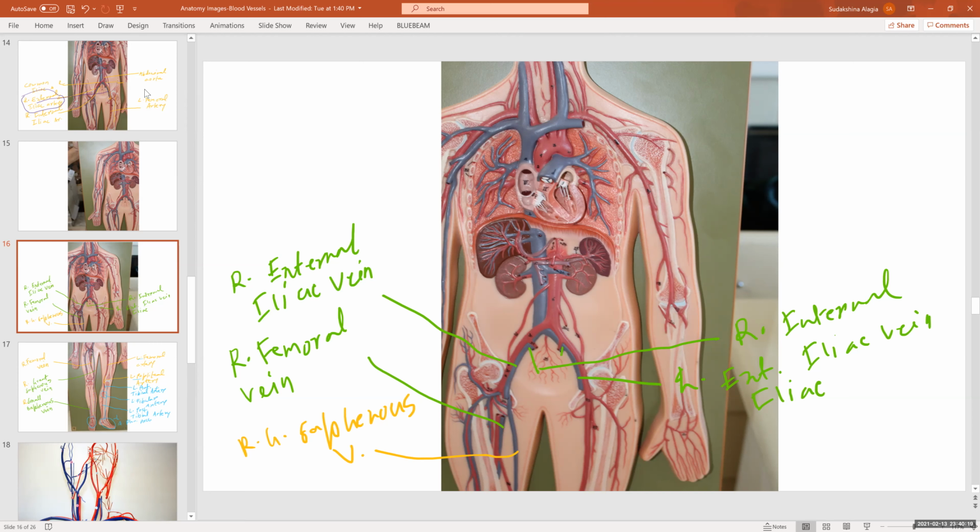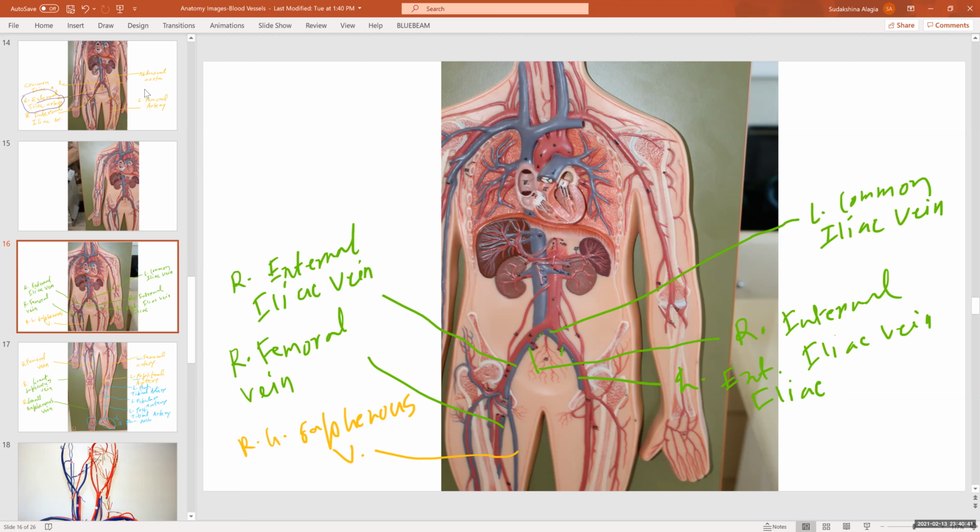So internal and external iliac veins merge to form, this is left common iliac vein. We have the right common iliac vein too, you can see that.